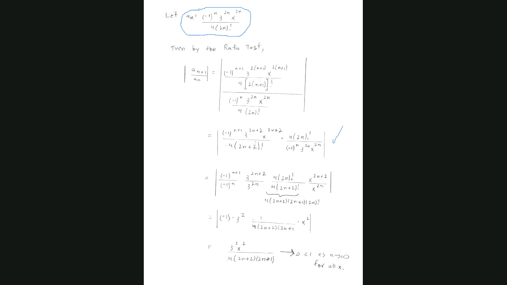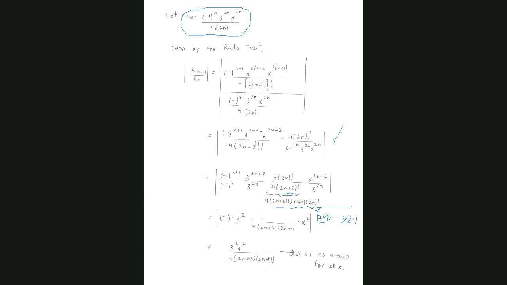Let me bring it down a little bit here. So, of course, the 2n plus 2 factorial, we want to simplify that with 2n factorial. 2n plus 2 factorial is just 2n plus 2 times 2n plus 1 times 2n factorial. 2n factorial would just be 2n, and you keep going down until you get to 3 times 2 times 1.